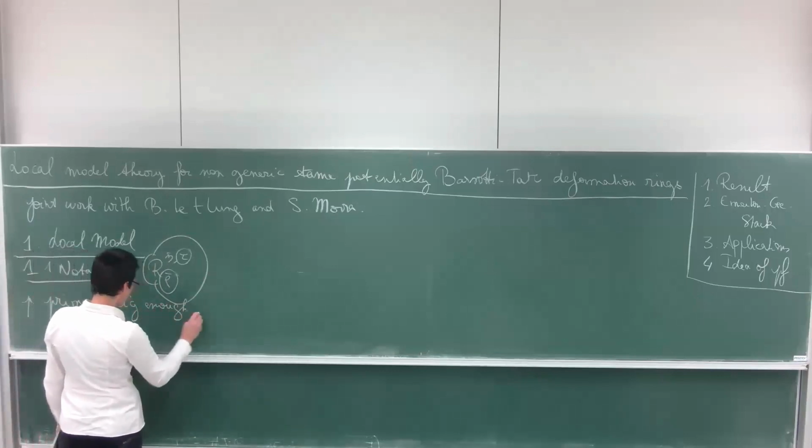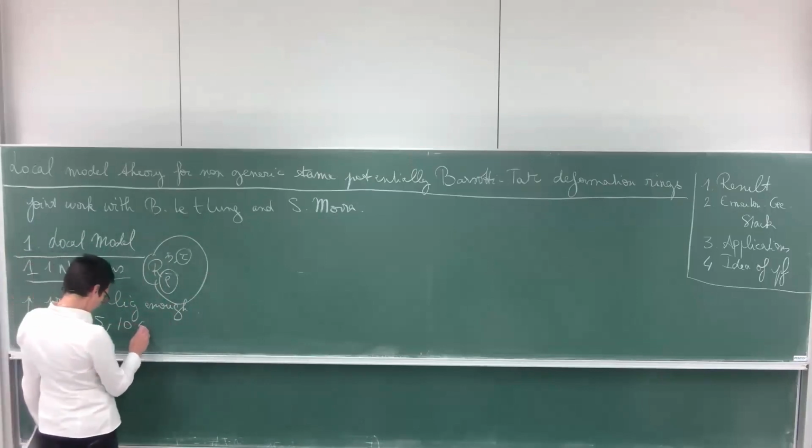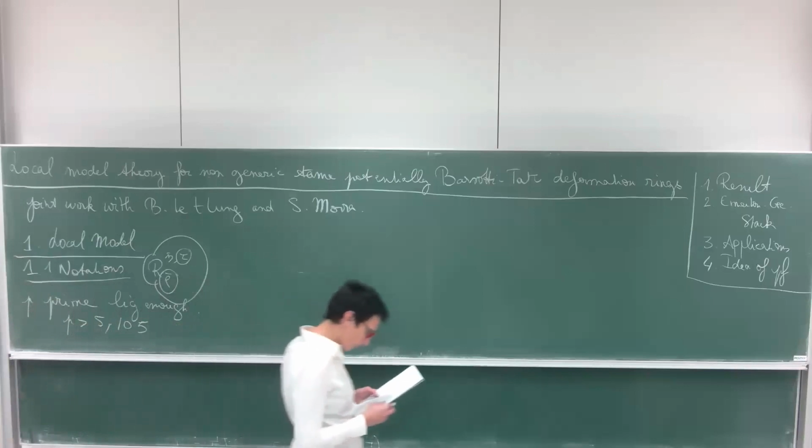Big enough means p will be bigger than 5, and later p will be bigger than 5 or so. You see that I will make it precise. So right now p is not 2 and 3. It's always better to avoid p equals 2.